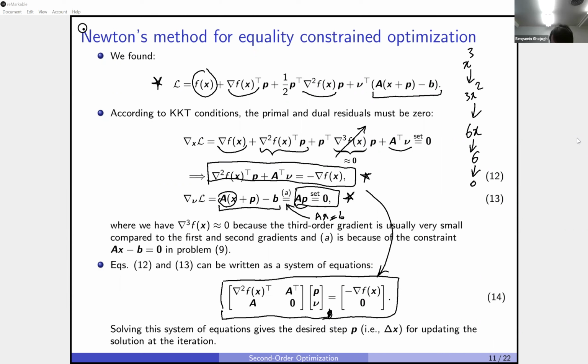So let's solve this system of equations. There are some methods to make it faster. There are some ways to solve a system of equations on a computer faster using Cholesky decomposition and several other matrix decompositions. You can look them up.